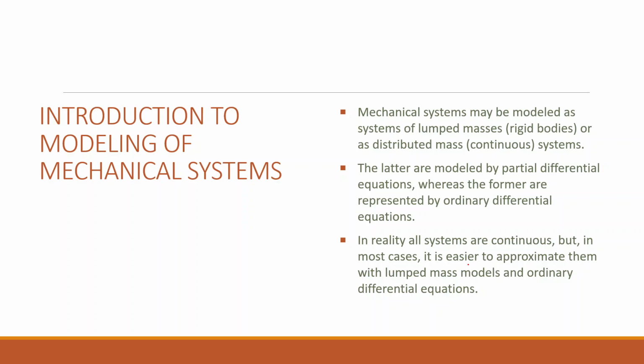Firstly, we will go for modeling of mechanical systems. But at the end, when we want to analyze the systems, we will always convert them into their analogous electrical system. Hence, the name of this module is analogous systems.